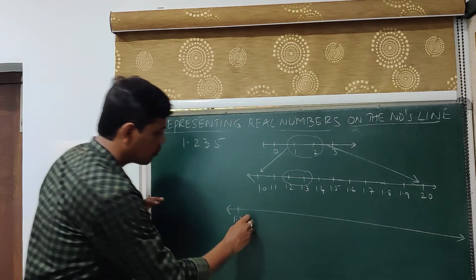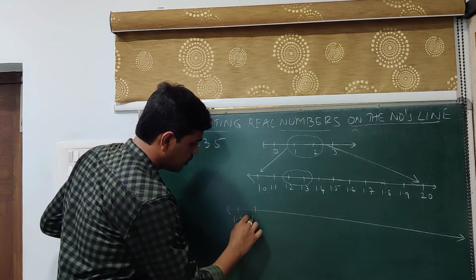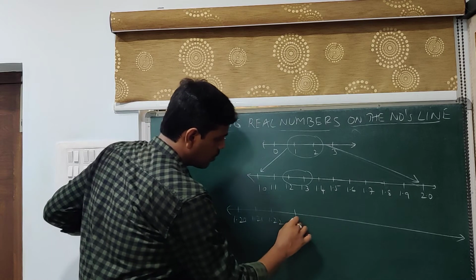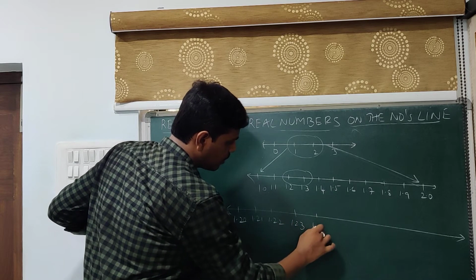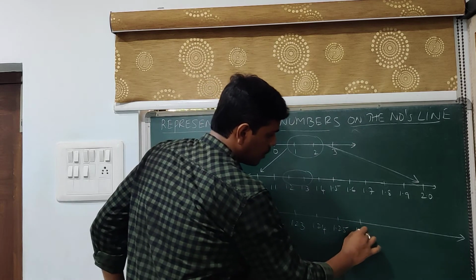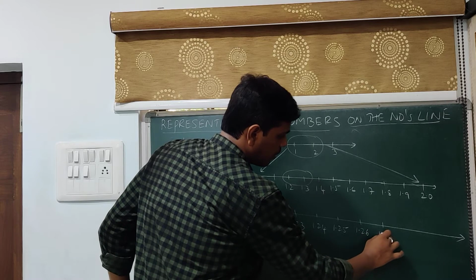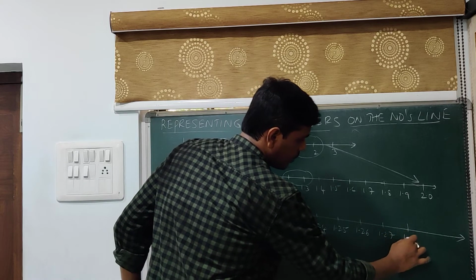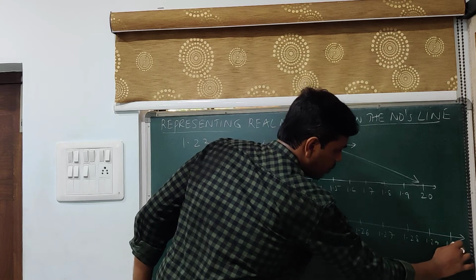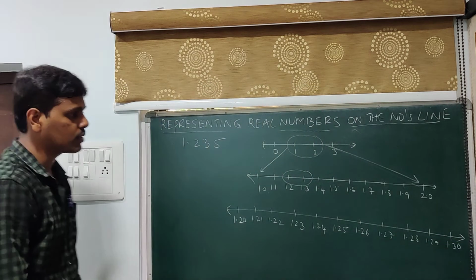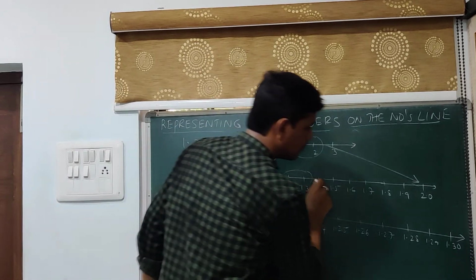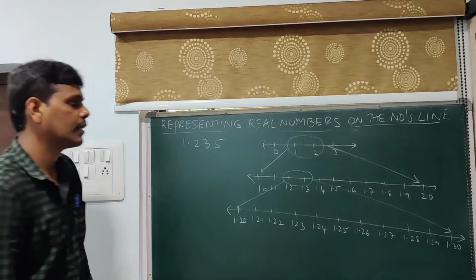So 1.20, 1.21, 1.22, 1.23, 1.24, 1.25, 1.26, 1.27, 1.28, 1.29, 1.30 or 1.3, both are same. So this is what I am doing. Again I am magnifying this.